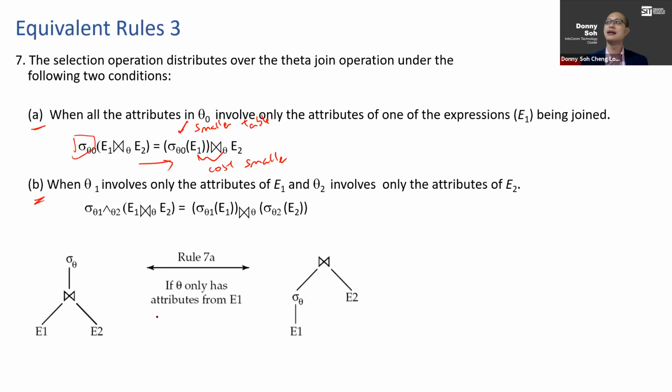So this is a corollary from 7a, very similar to 7a, but these individual ones I can push in. So let's say I have theta, so this means that I can do this.